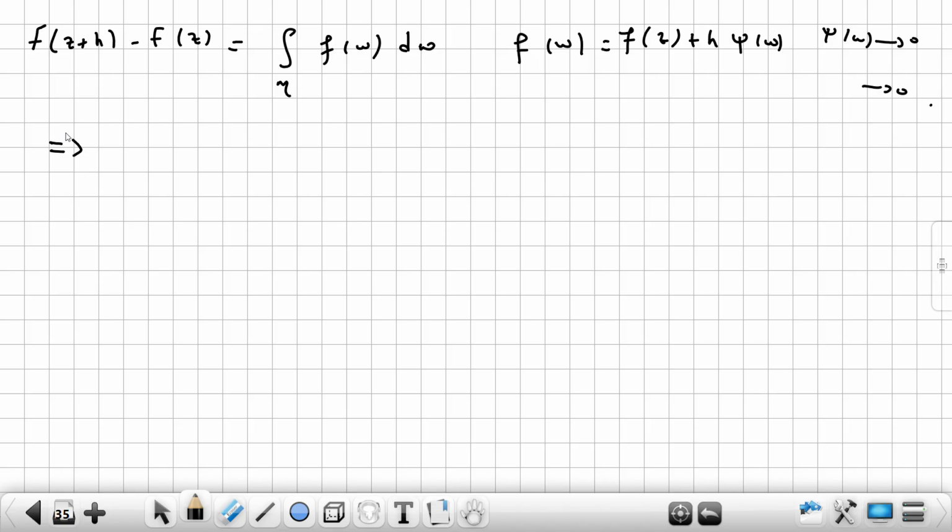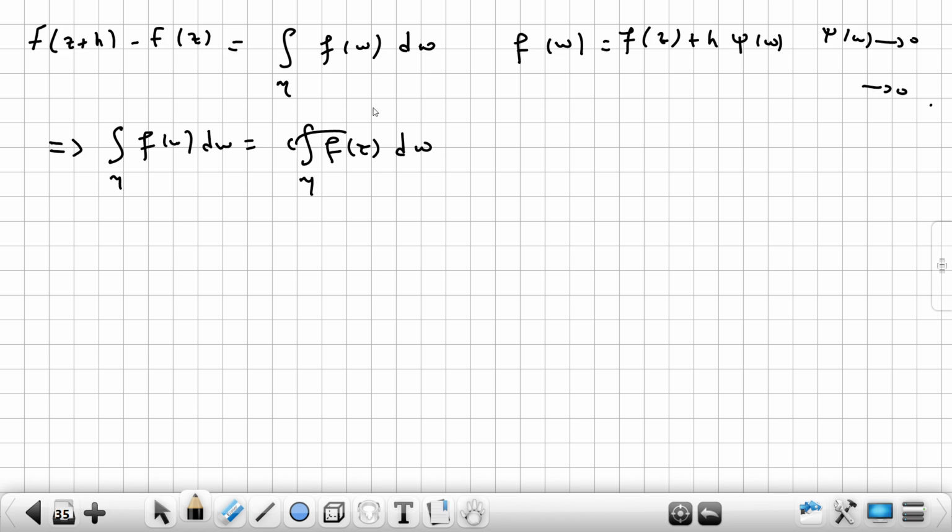This implies that the integral over eta of f of w dw is equal to the integral of f of z over eta dw. This is constant.